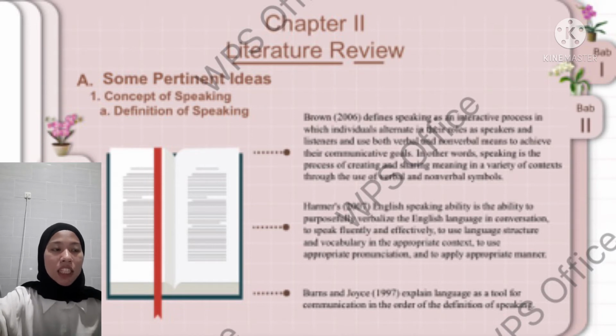Harmer says English speaking ability is the ability to purposefully verbalize the English language in conversation, to speak fluently and effectively, to use language structure and vocabulary in the appropriate context, to use appropriate pronunciation, and to apply appropriate manner. Burns and Joyce explain language as a tool for communication in the order of the definition of speaking.